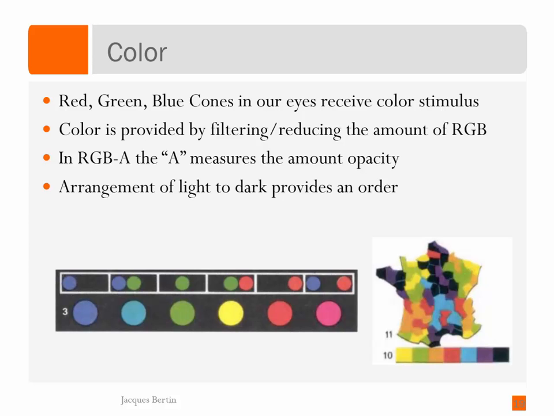So the way color works is we have red, green, and blue cones in our eyes that receive color stimulus. So they're sort of like receptors that are looking for those three different combinations of color. Now, color is provided by filtering or reducing the amount of red, green, and blue. So it's a little bit different than what we might initially think about how color is put together.